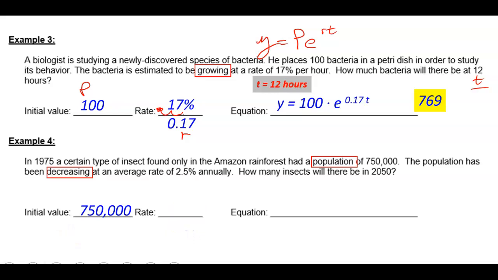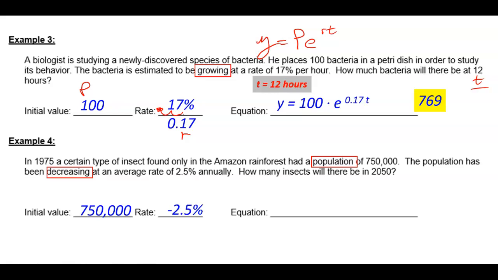By the way, 2.5% is wrong. If it says decreasing, you got to throw what in front of that 2? Negative. This is so important. They will not give you the negative sign. Decreasing means it's a negative, right? Okay, so again, negative 2.5%.